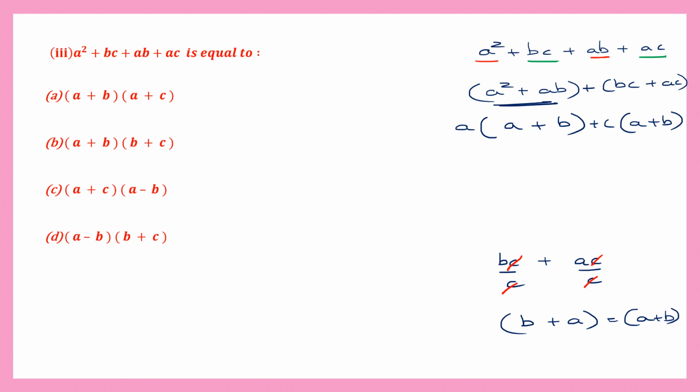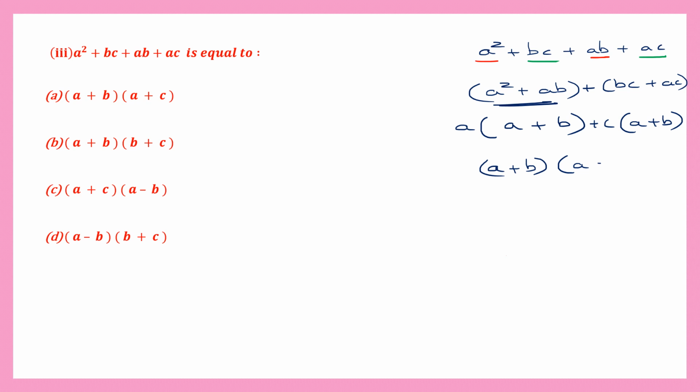So now what do I have? Can you see? I have a plus b and a plus b. I can write that once. And here I have a plus c. So I'm going to take this out first, a plus b. I'm writing only one of it, a plus b. And now I can take the next one, a plus c.